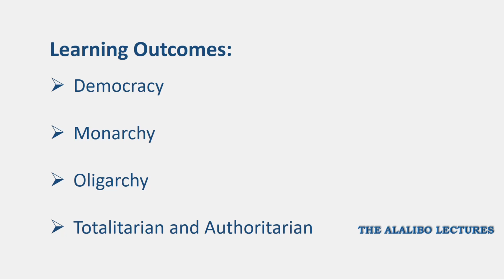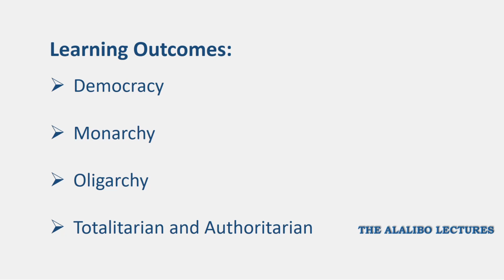Government enacts laws and enforces laws, and depending on the type of government, you will have oppressive laws or democratic laws or laws that respect human rights. Also, the type of government is directly correlated to the standard of living and the quality of life of the citizens of that country. That's why this is important. So we're going to take a look at this a bit more closely and have a better understanding.